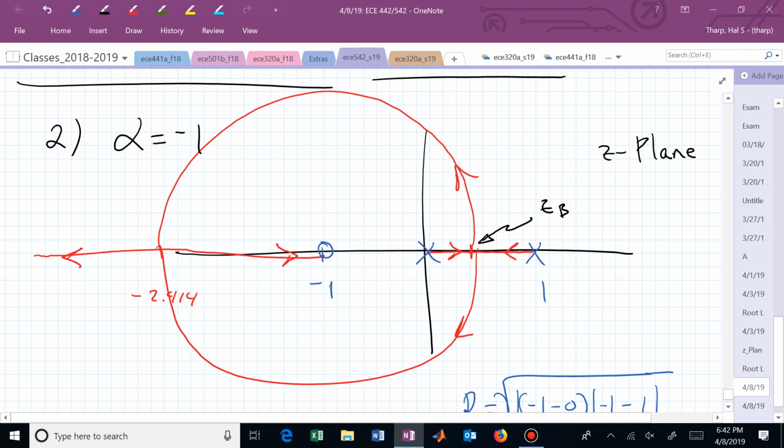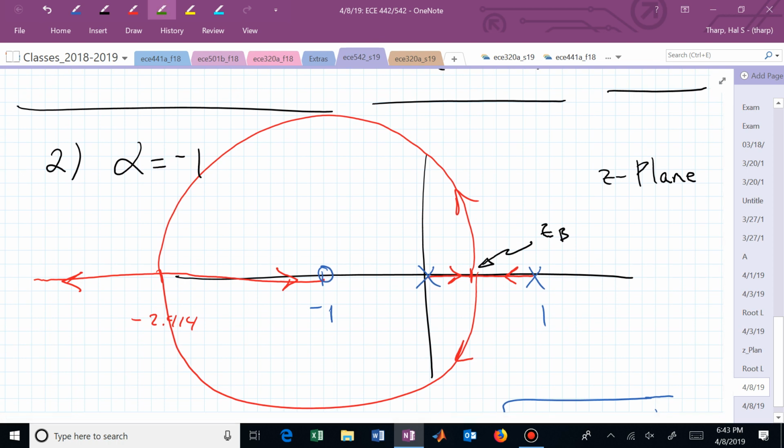Do we have any stability? Any chance at stability? Where's our unit circle? Don't hold me to this, but that's the unit circle.